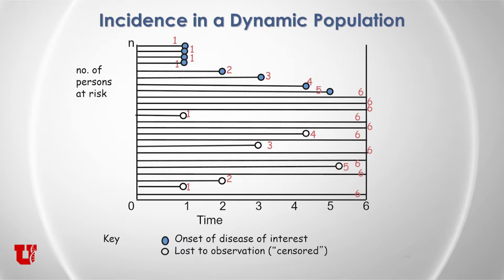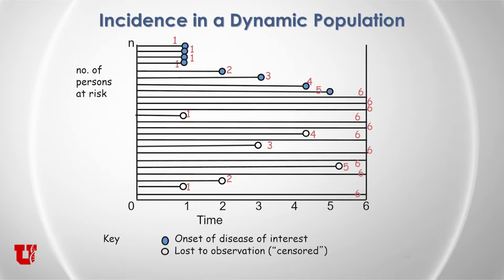The second from the bottom contributes only 1 unit of person time because that person was lost to observation. So the person time is how long they were observed, regardless of whether they were censored or whether they had the disease event at the end of their observation time. We just want to know their person time for the denominator. And then the numerator is going to be the number who actually had the disease event.